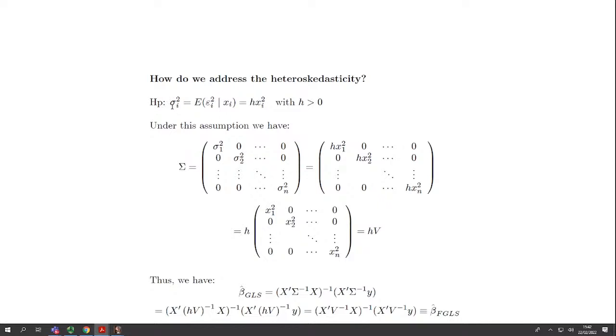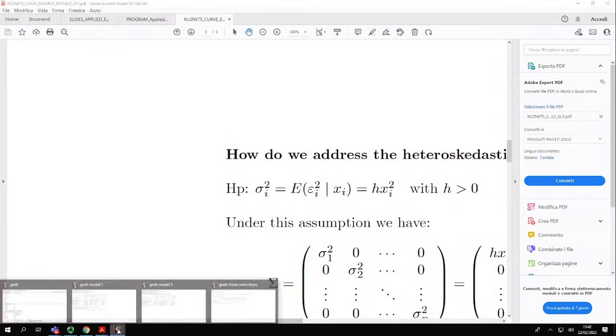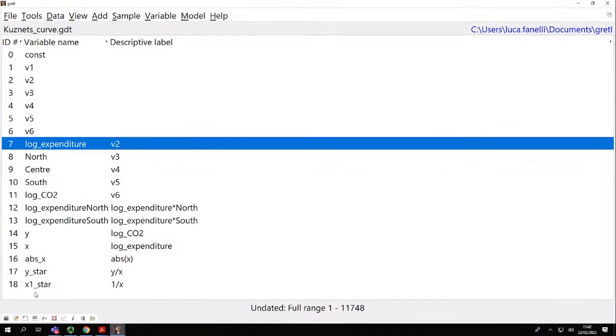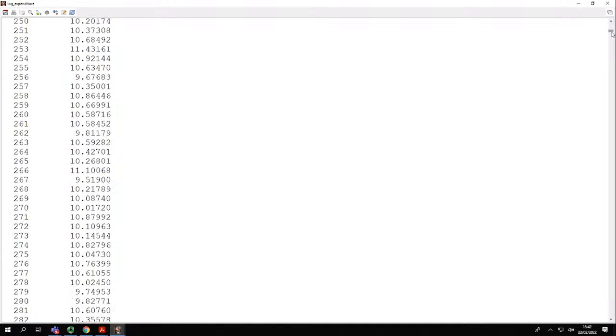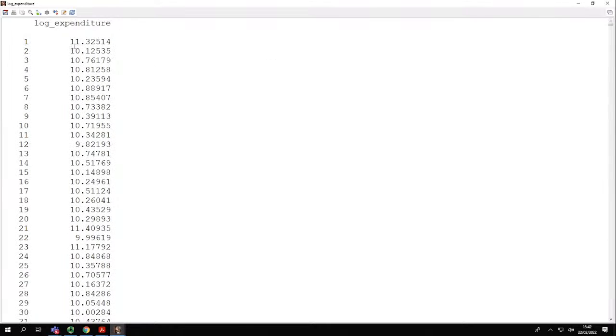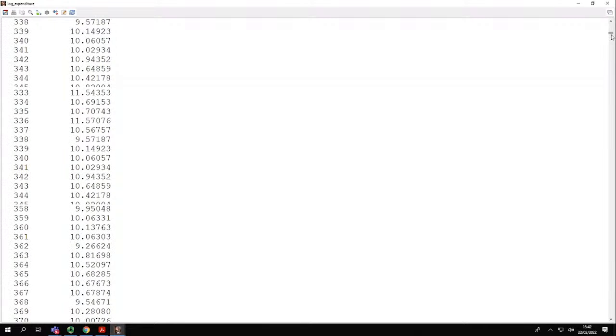You might say, well, Professor, if you go on the data set and look at log expenditure of the 11,000 families, you can see the advantage of taking the log. I have 11, 10. I don't have billions. So you can see that they are all positive numbers.